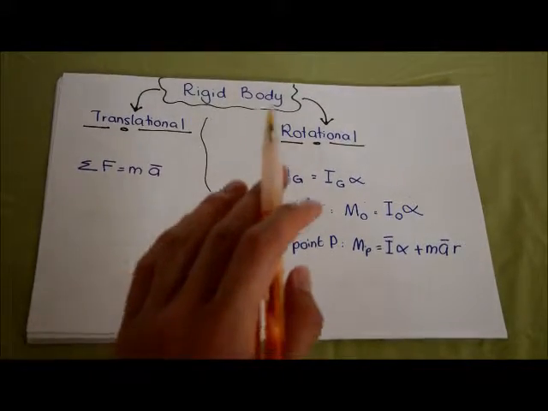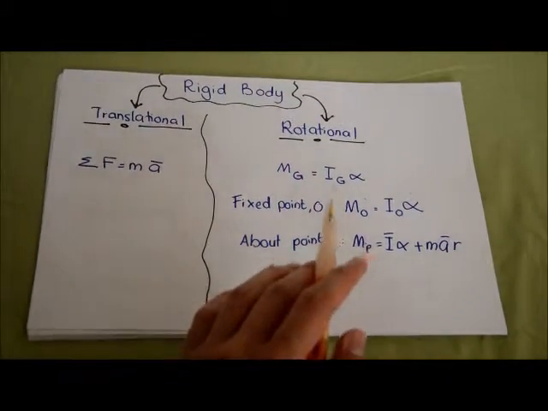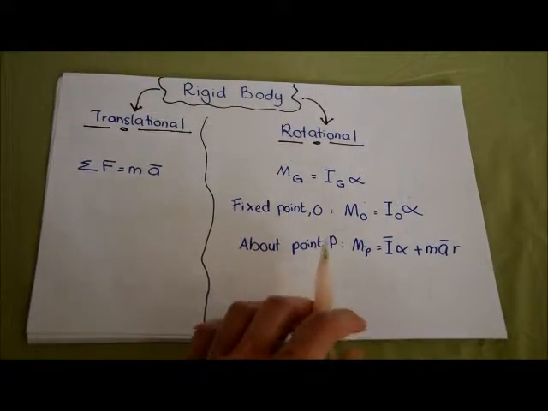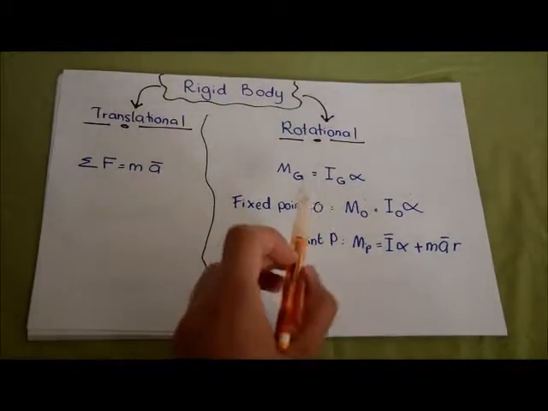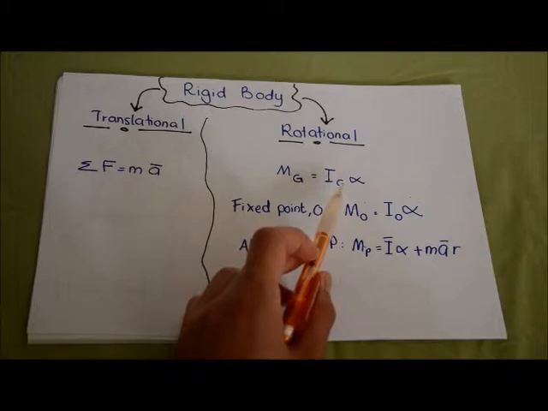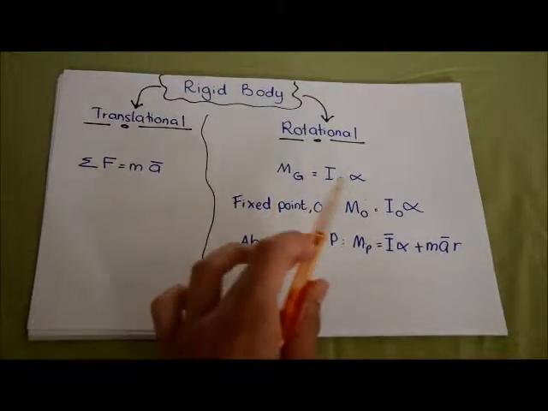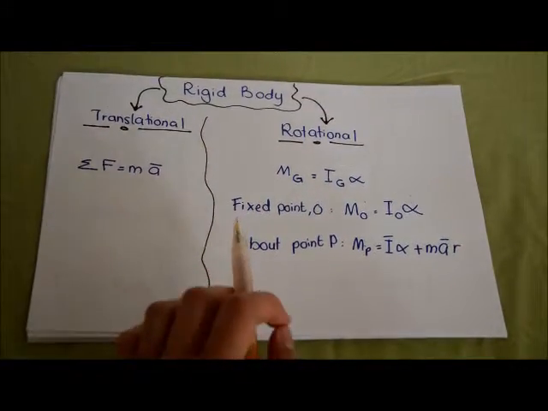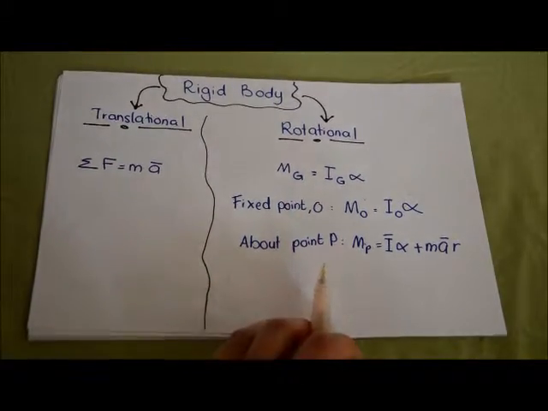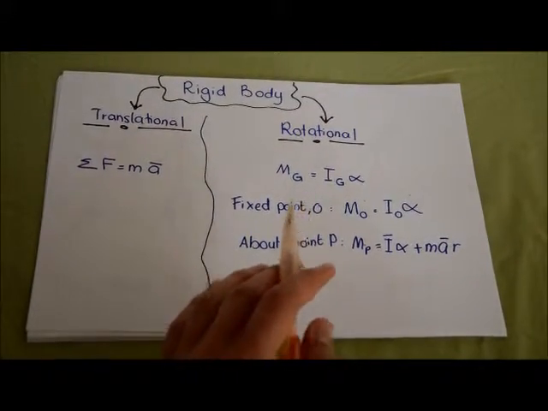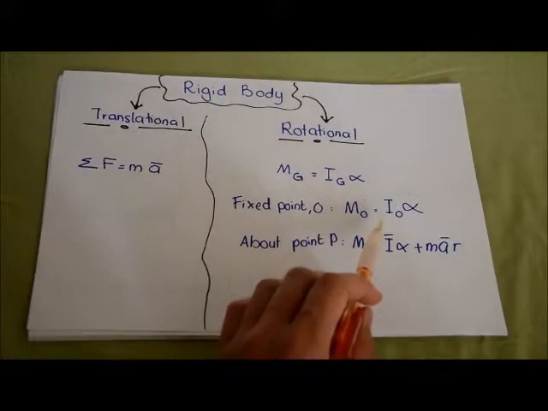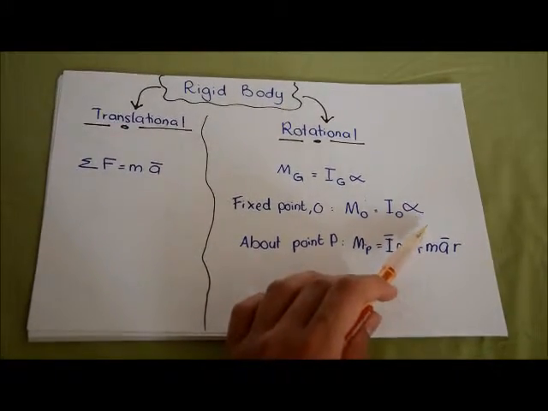Thanks to Euler, because he gives us a balance of angular momentum. This can be presented by M_G equals I_G alpha, where this is the angular momentum with respect to the center of mass G. For a fixed point O, we can define it by M_O equals I_O alpha.